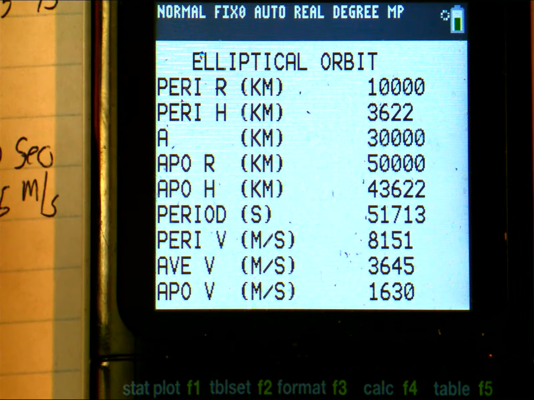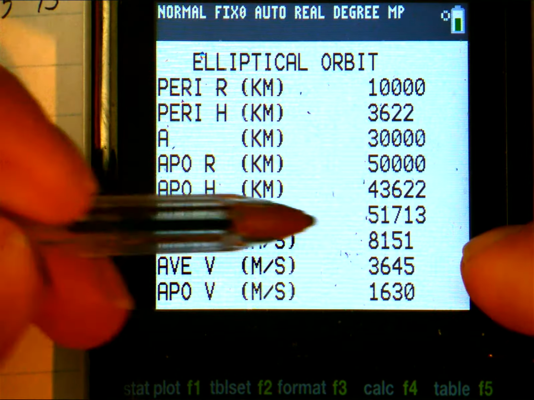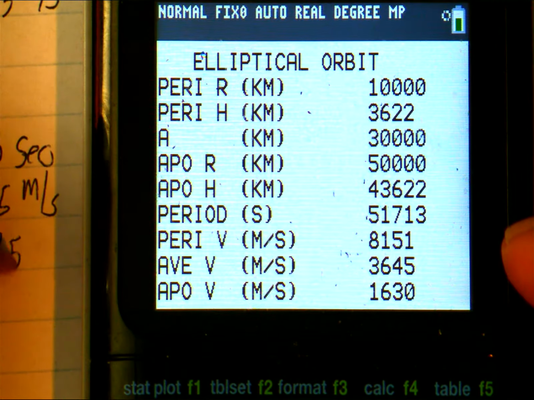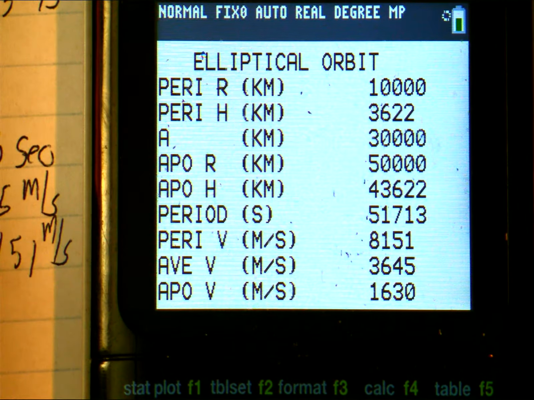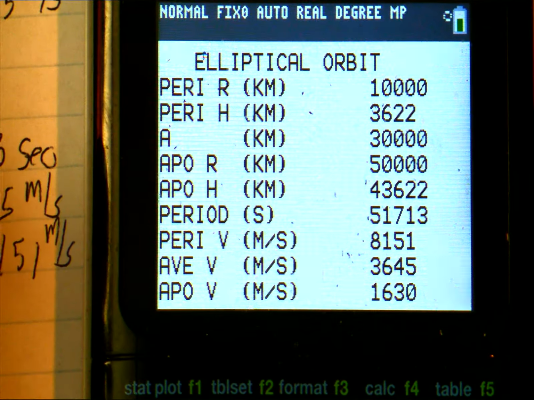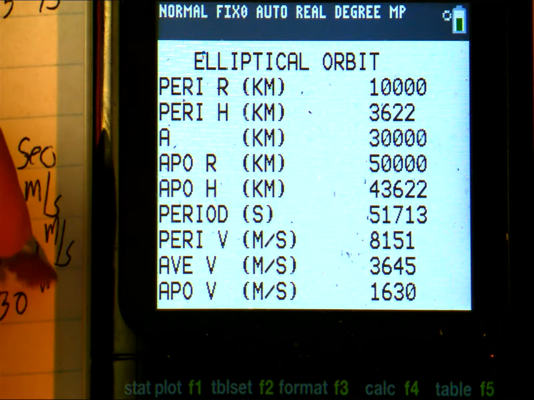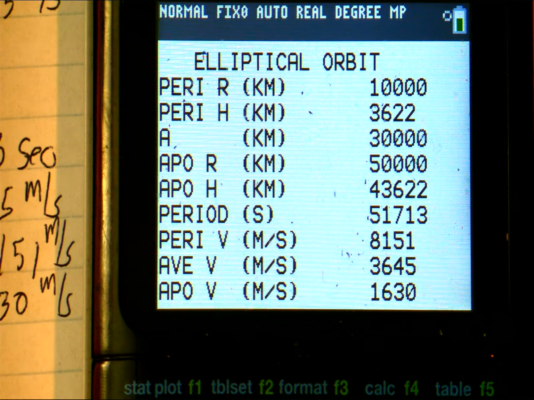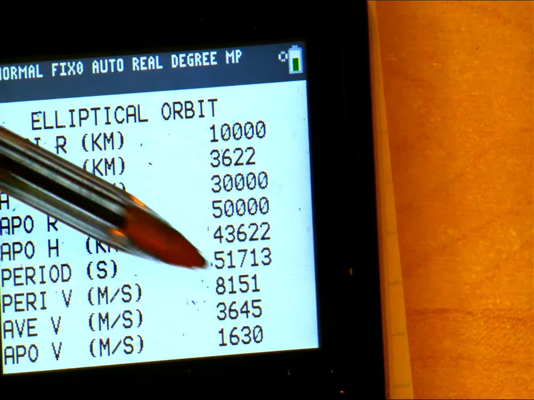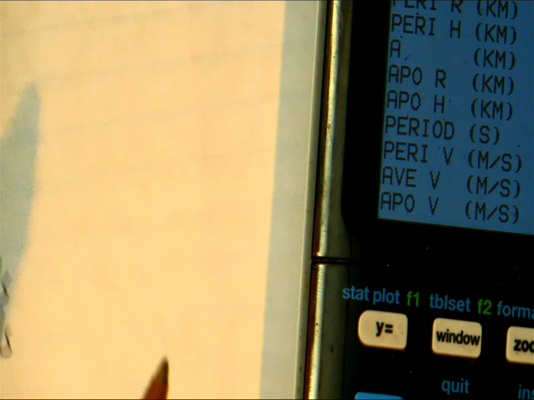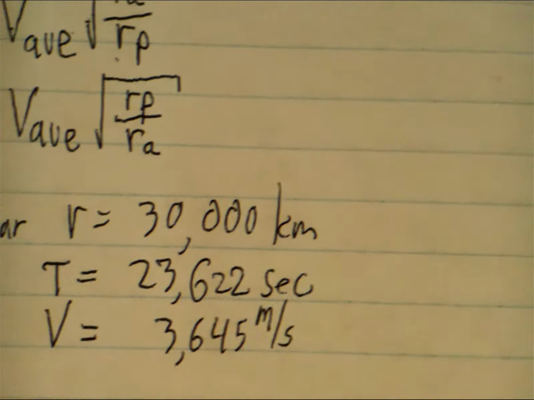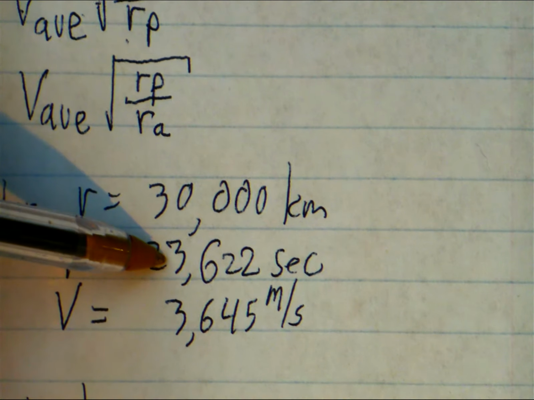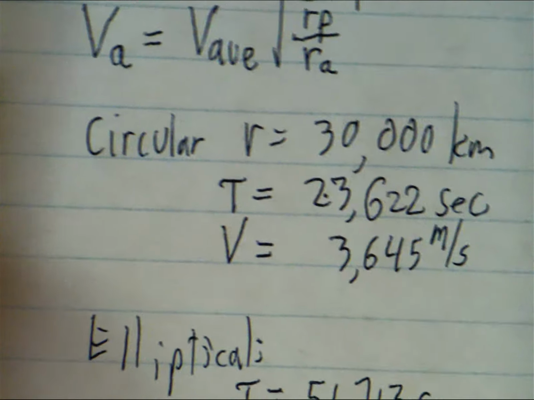It also says my periapsis velocity is 8,151 meters per second, and my apoapsis velocity is 1,630 meters per second. And what troubles me is it says the period is 51,713 seconds, and that means I wrote down the wrong number for the period for the circular orbit, didn't I?